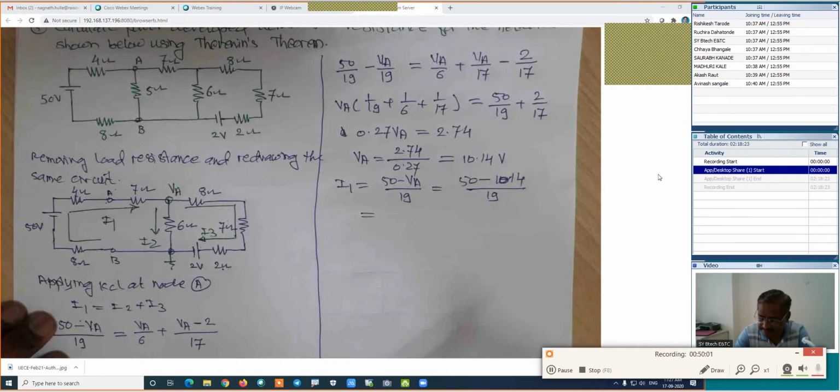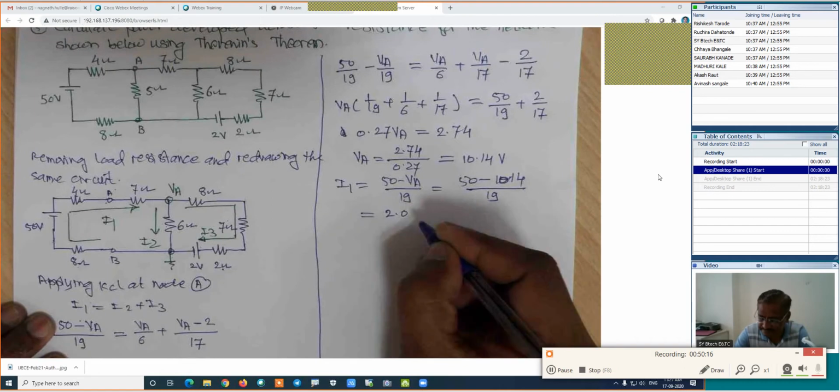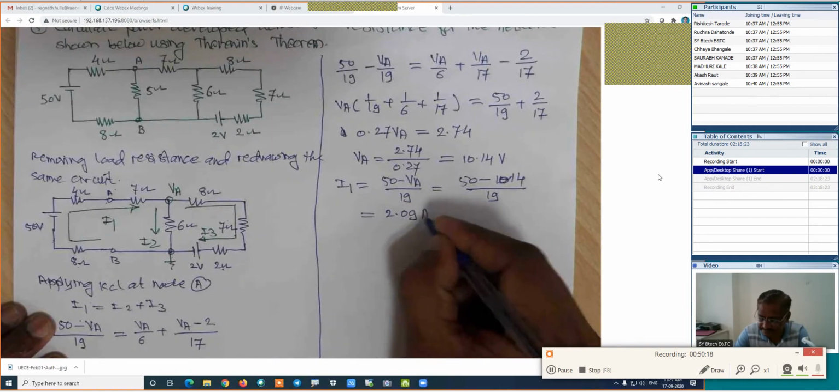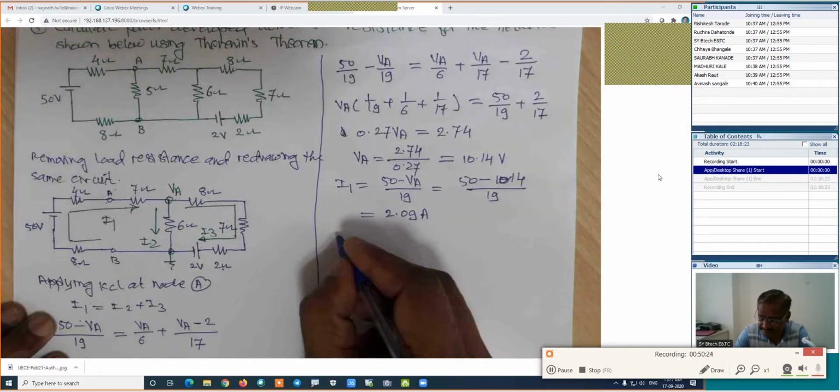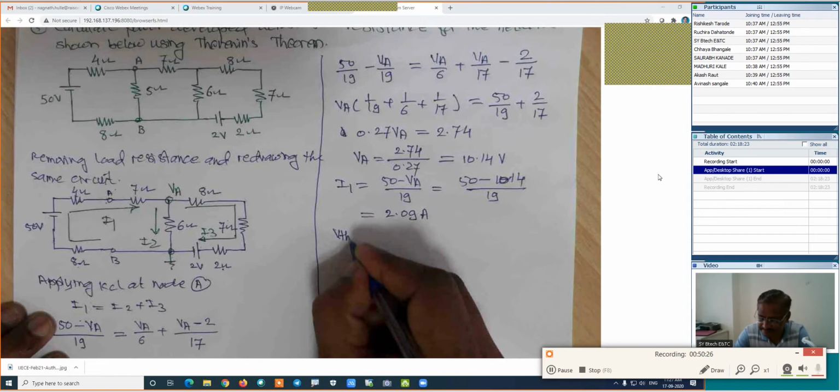How much is the value of I1? 2.09 amperes is I1. Is it right?